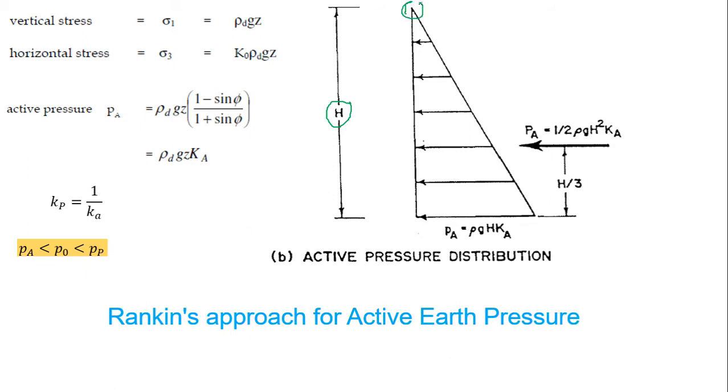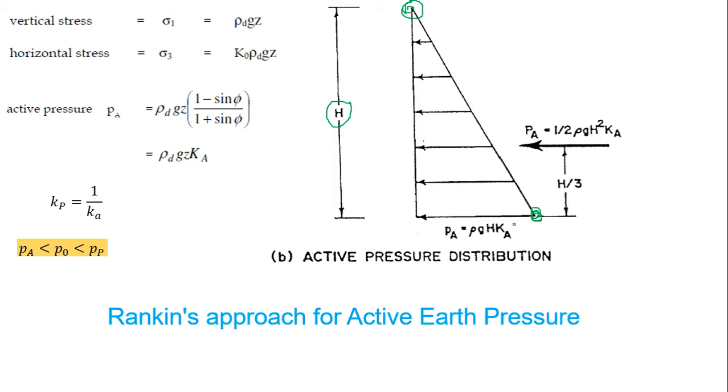At the top the pressure is 0, and at the bottom we get the maximum pressure. Triangular uniformly varying load we have studied in mechanics, SOM. Just like that, the earth pressure is also a uniformly varying distribution, whose magnitude is 0 at the top and maximum at the bottom.